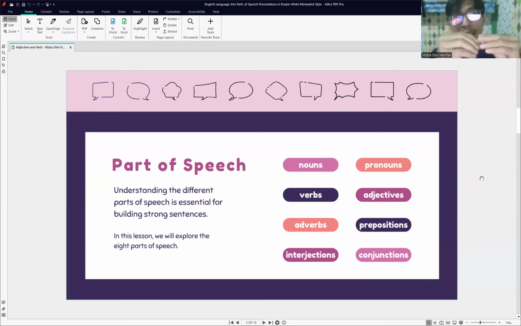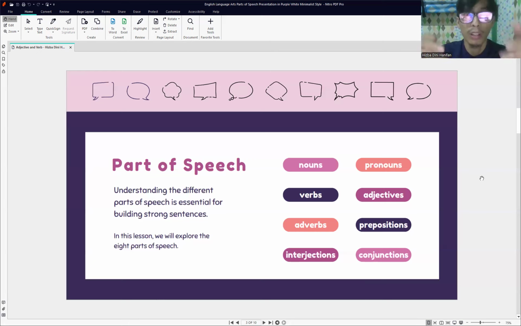If a noun is a thing, an idea, something, pronouns replace the noun, and then we have verb by the definition of Donnie, an action word. What about adjectives?